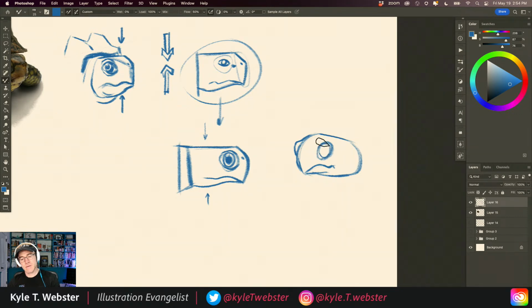There's that eye. So now I'm thinking about this from a 3/4 view perspective. And that is the result of that.